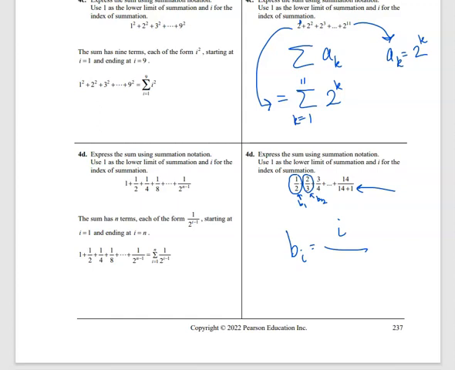Even if it were a 15 there, you could see that what the denominator is doing, it's always just one more than the numerator. It's 1 compared to 2, 2 compared to 3. So the bottom's just counting up 2, 3, 4, up to 15. So it's always one more than the top. I plus 1. We're adding this one up, so we're going to add up the i's from 1. The last one is 14, so I'm going to go up to 14 of I over I plus 1.